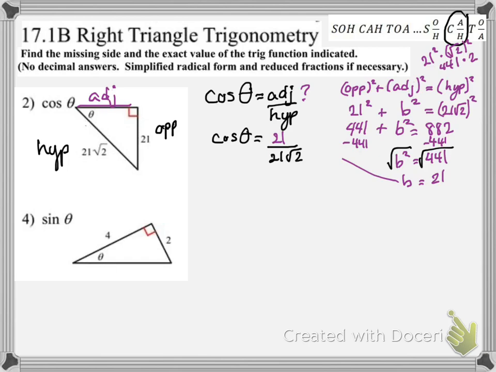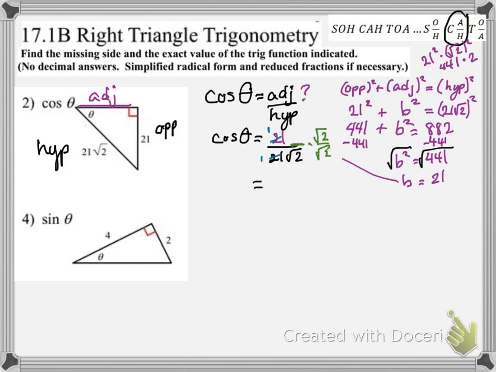So I'm going to reduce this just a little bit by saying 21 goes in here once, 21 goes in here once, and I'm going to get rid of the radical on the bottom by multiplying top and bottom both by root 2.